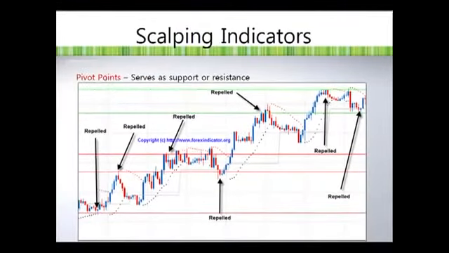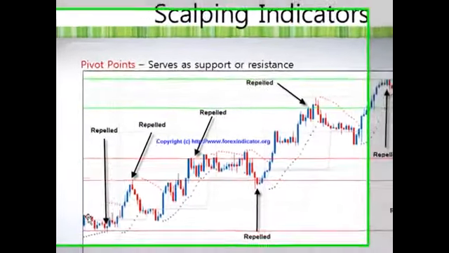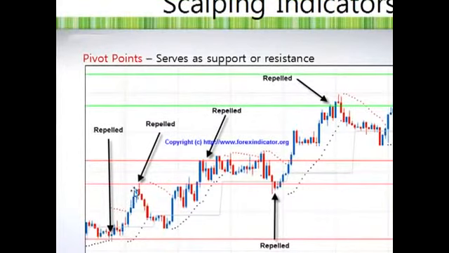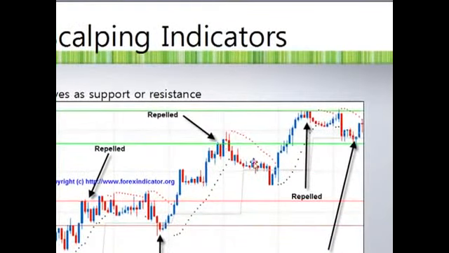Be it the daily pivots, weekly pivots, or monthly pivots, they all serve as strong support and resistance. Take a look at this picture below. You can see that the price hit the pivot point, got repelled by it, hit and repelled, hit and repelled. You can see it held. It hit here, got repelled, hit, repelled. You can see how strong this pivot point is.